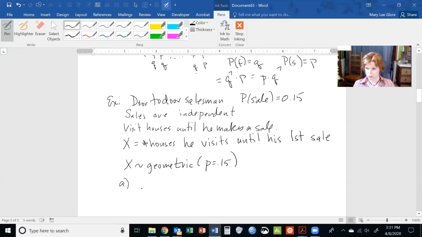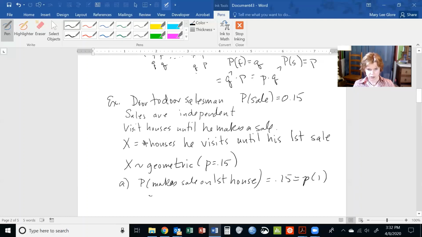Here's the question. What's the probability that he makes a sale on the first house? Well, it's the probability he makes a sale on any house, 0.15. That happens to be P of 1.